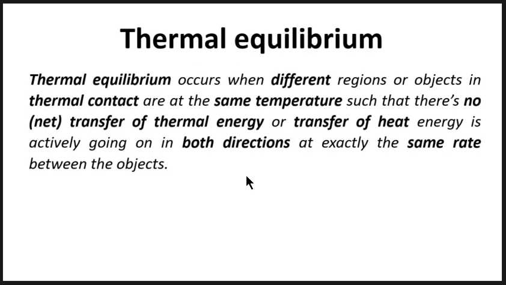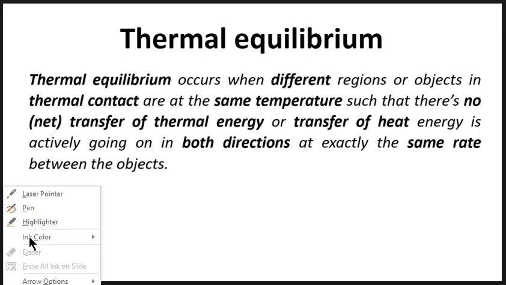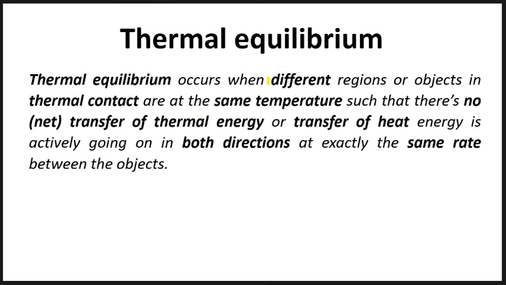Thermal equilibrium occurs when different regions, and I need you to take note of these keywords I'm highlighting, different regions, not the same region now, or objects are in thermal contact. The two regions or the two objects must be in thermal contact, that is, they must be in contact with one another.